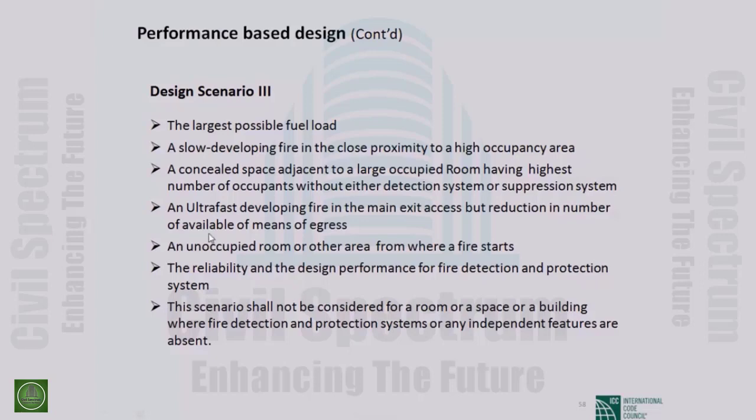Again, you have to think about an ultra fast developing fire in the main exit area, with a reduction in the number of available means of egress. So you have to think that you have an ultra fast developing area. That means there is a deflagration. Deflagration means a flame, a fire which is moving less than sound velocity but more than our normal velocity.